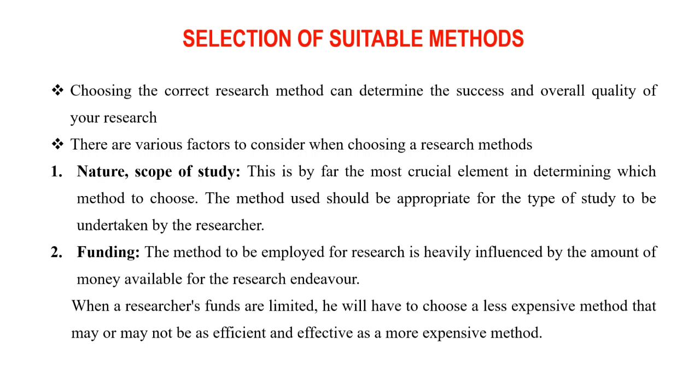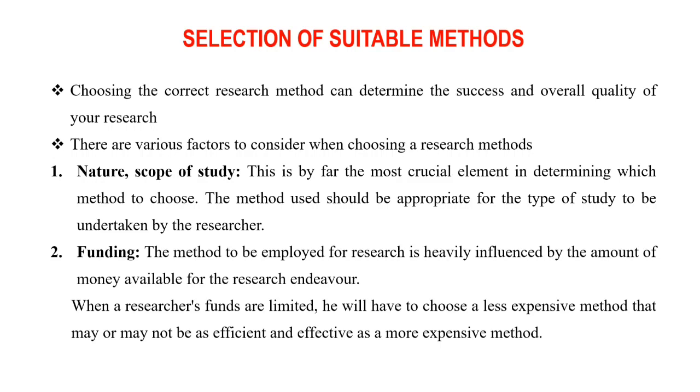And the second element that determines the selection of your research method is funding. Funding has a major role in the selection of research method, and it heavily influences your research.